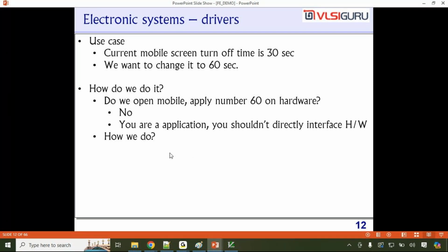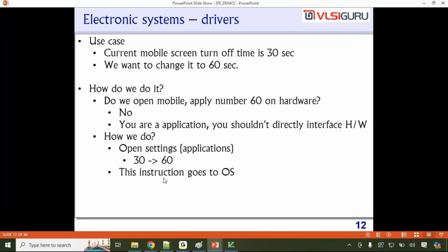How do we do it? You open the settings, 30 to 60. In this process, this instruction goes to the operating system. The operating system conveys this to a power management related driver. Switching on and off is the responsibility of the power management block, and a mobile phone has one.